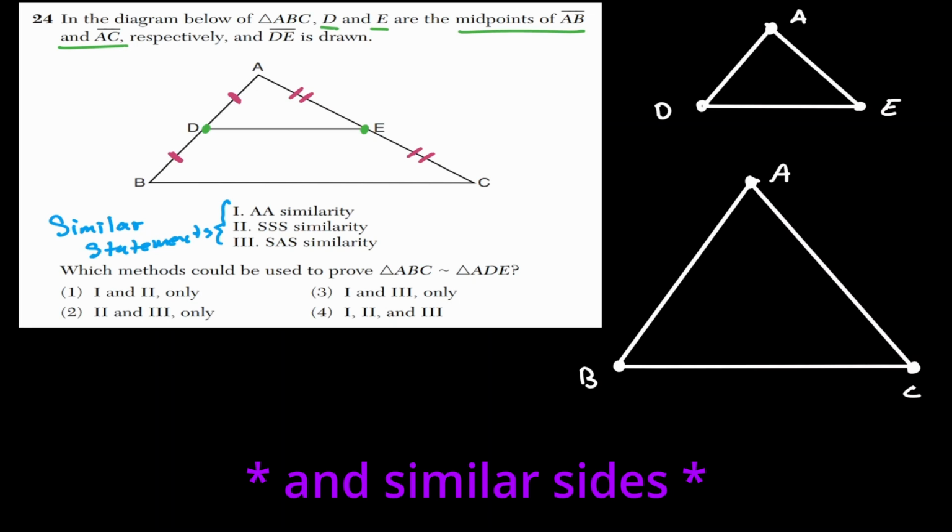Now let's see how many congruent angles and congruent sides we can identify between these 2 triangles. Well, the first thing to notice is that angle A is present in both of those triangles. So we can claim that angle A is congruent to angle A.